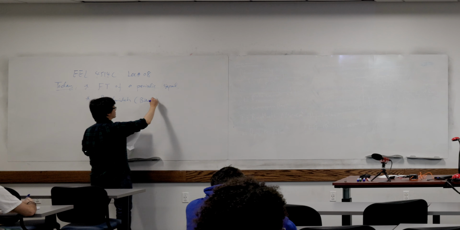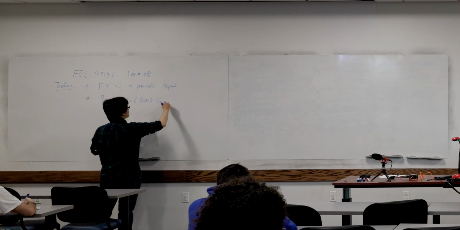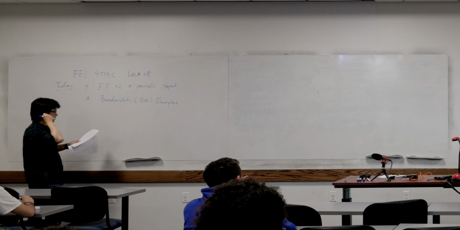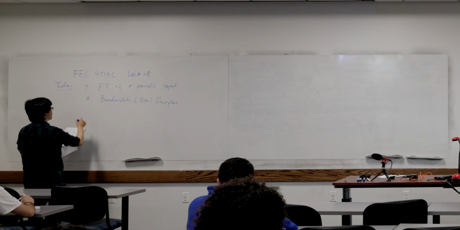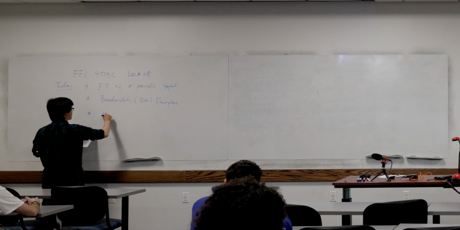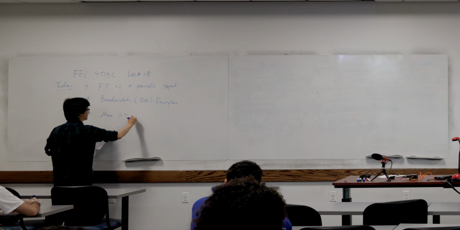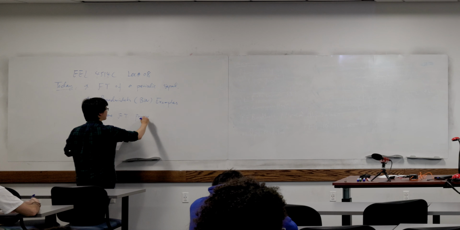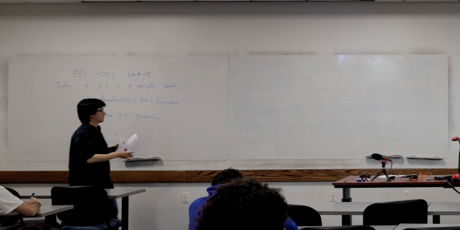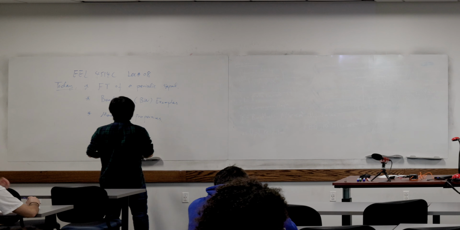This is just an example to see how we can compute the bandwidth of a signal. And then we're going to see more Fourier transform properties. Those are the agenda for today.